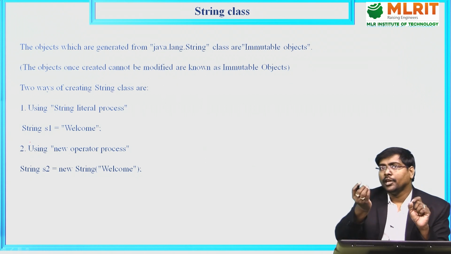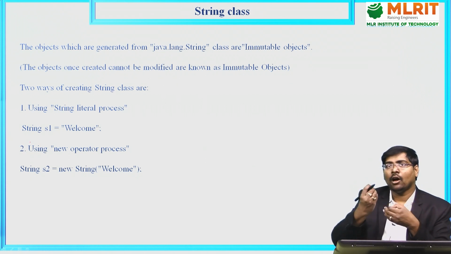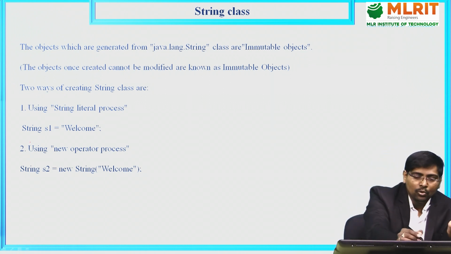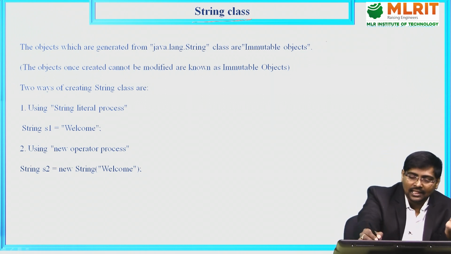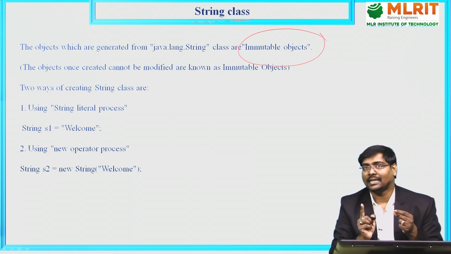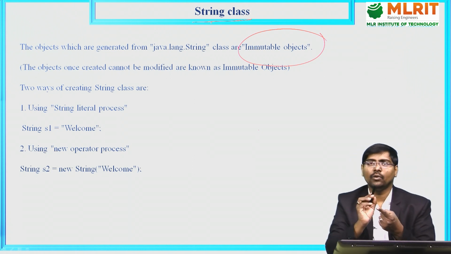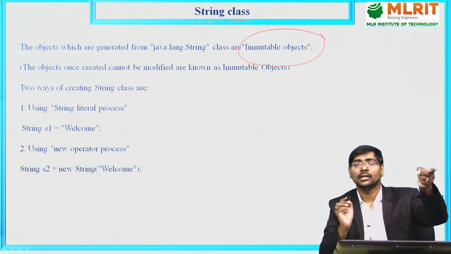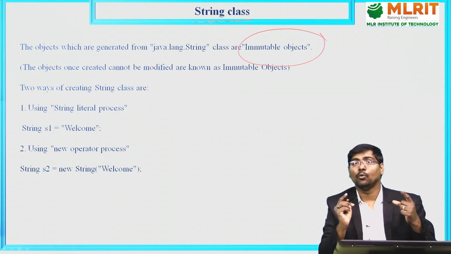Remember, if you create a string object by using the String class, it is immutable. String is a predefined class. Whenever you want to use a predefined class you need to import a package, but for String you need not import. Why?